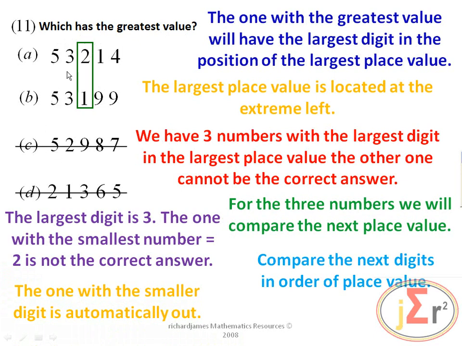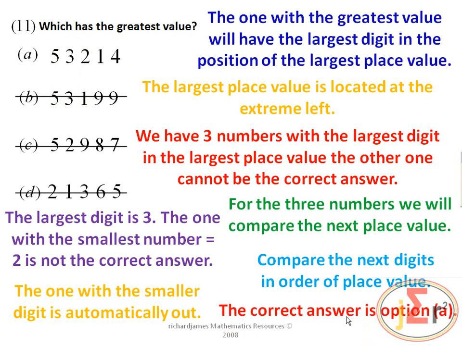So we had to go to the 3s. Then we come right here and we will notice that the 2 is the one with the largest digit in that place value column. So we know that the other one is out, and which answer is correct? Option A. Right, so the correct answer is option A.